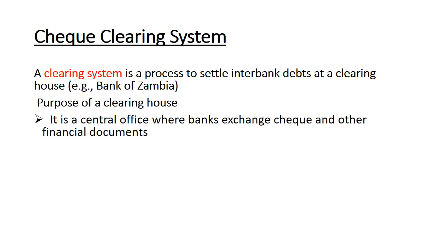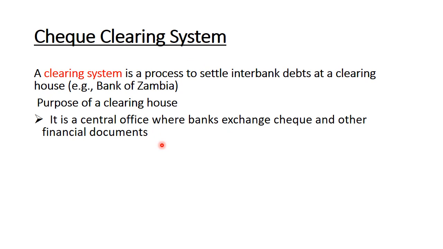That's where the clearing system comes in. The clearing system makes sure that these things are resolved at the end of the day, and that the money that was supposed to be transferred from the Zanaco account actually goes to the Absa account where Blugam has an account.